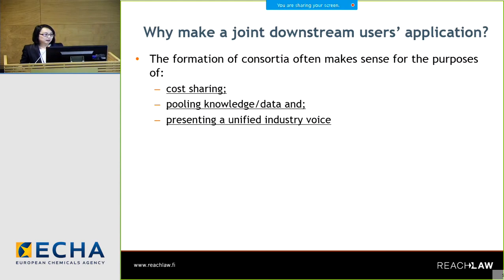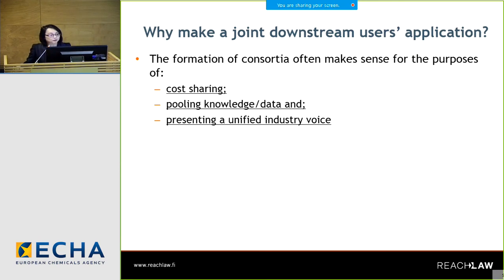I think the formation of downstream user consortia often makes sense for the purpose of cost sharing, of course, especially if the application fee structure will change.